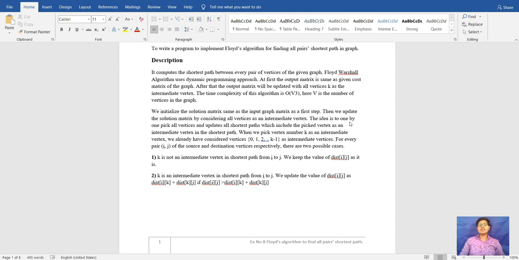So the idea is to pick all the vertices one by one and update all shortest paths. It will find the shortest path from the vertices, in a graph, and we have to reach the shortest route from the graph, and that route should not repeat. We have already considered vertices 0, 1, 2 up to k minus 1 as intermediate vertices.